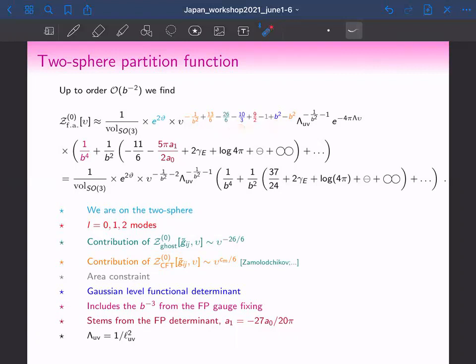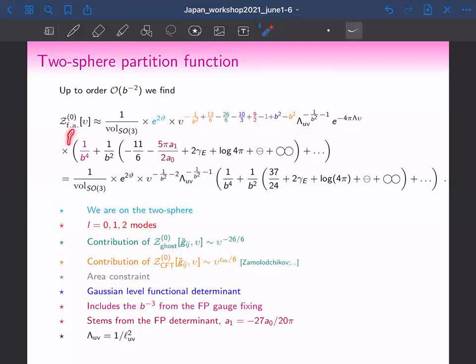Whereas this minus 1 came from the delta constraint. And then this 9/2 is because we've been treating the L equal to 0 modes, the L equal to 1 modes, and the L equal to 2 modes separately. And the degeneracy at each L is 2L plus 1. So this is basically a half, 3/2 plus 5/2. And then lambda UV is a UV cutoff.